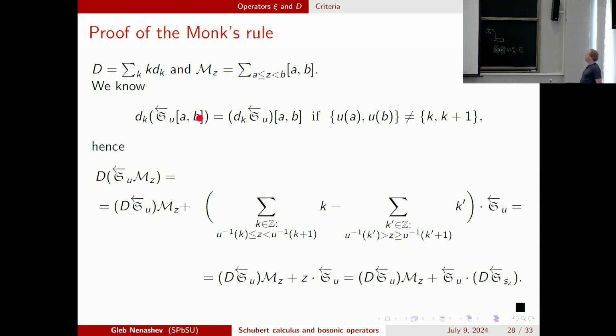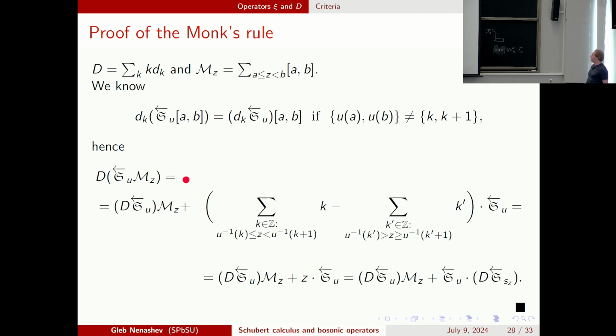Dk and operator AB almost commute, because dk acts on the left side of the permutation, AB on the right side. They do not commute except in cases when UA, UB is exactly k and k plus 1 in some order. And so we can write that D and MZ almost commute.